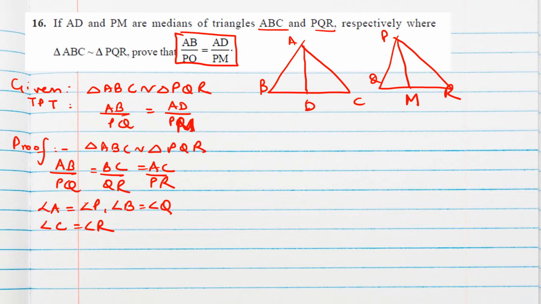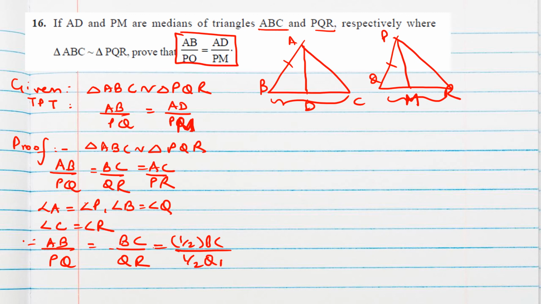Now, since AB by PQ is equal to BC by QR, we can write half of BC divided by half of QR. Both are the same thing, but half of BC is what? BD, and half of QR is QM. What will be the reason? Since D and M are midpoints, it is already given they are medians, so both the points will be midpoints.